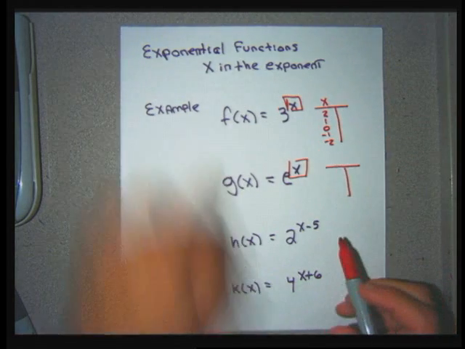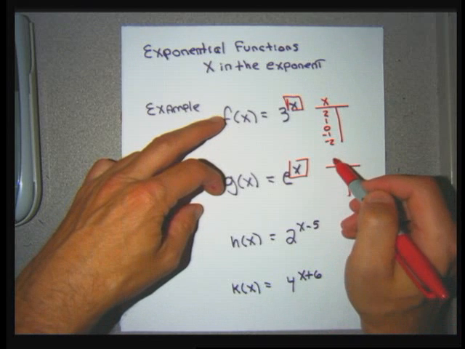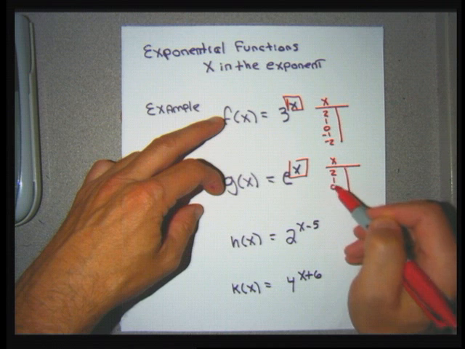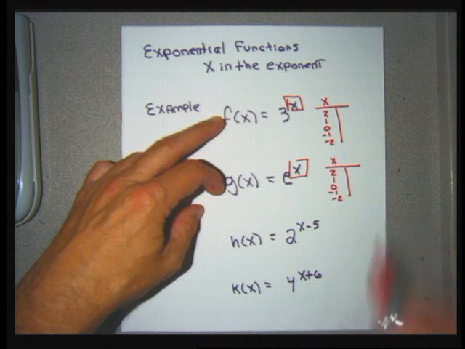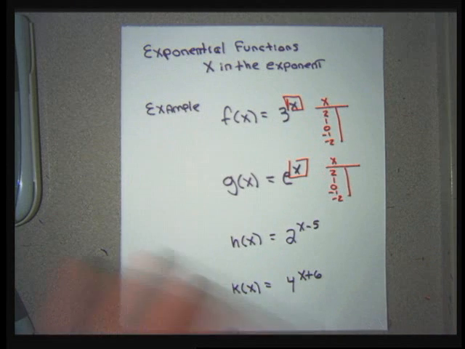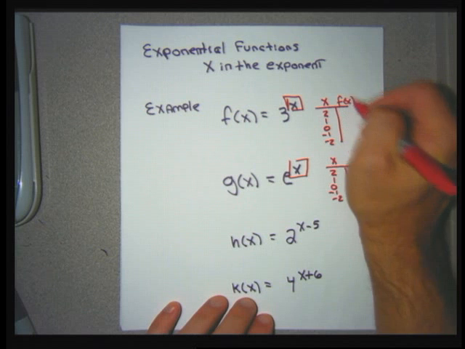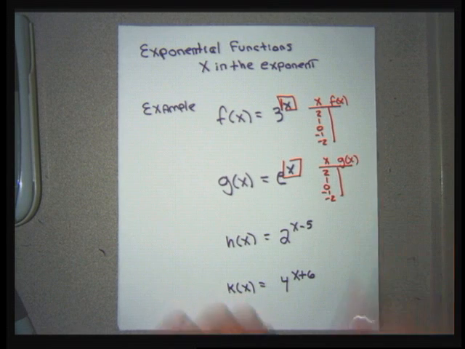So if I was asked to graph this function or this function, I would make a table of values, and in the x column I'd write the numbers 2, 1, 0, -1, and -2. I'd find y's that correspond to the x's, and I'd plot the points and I'd sketch a graph. Probably use my calculator to make sure that my graph is reasonable.